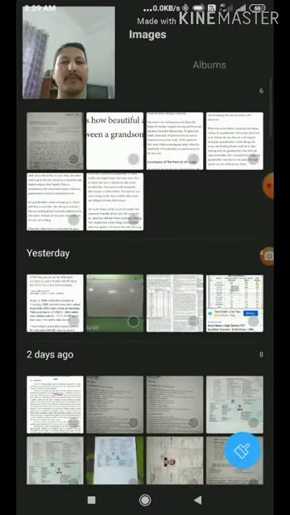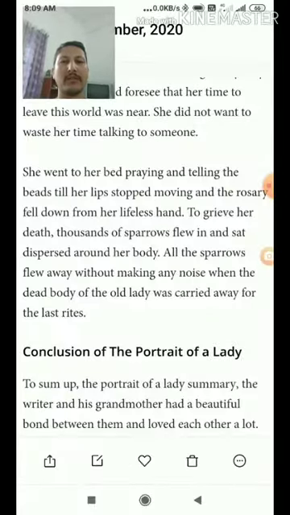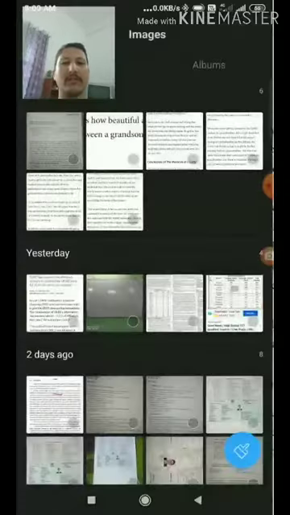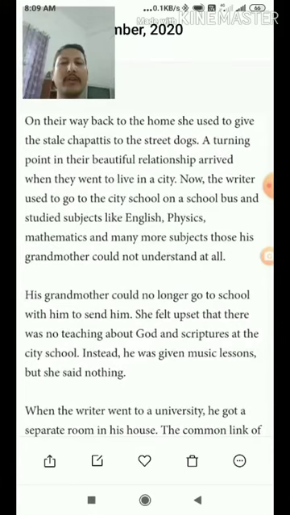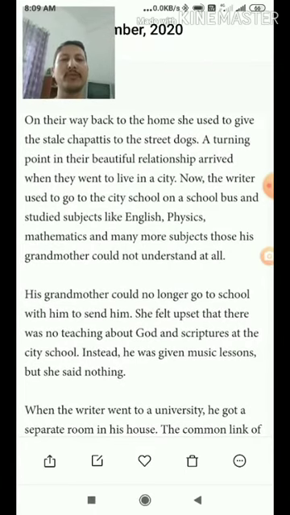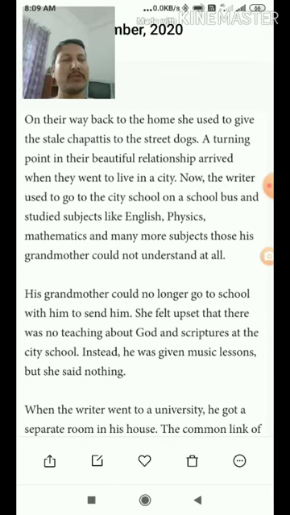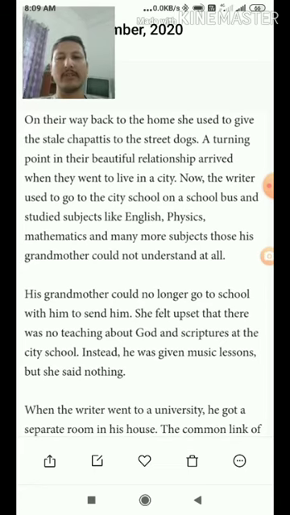On their way back home, she used to give the stale chapatis to the street dogs. So she used to take him to school. The school was attached to the temple.